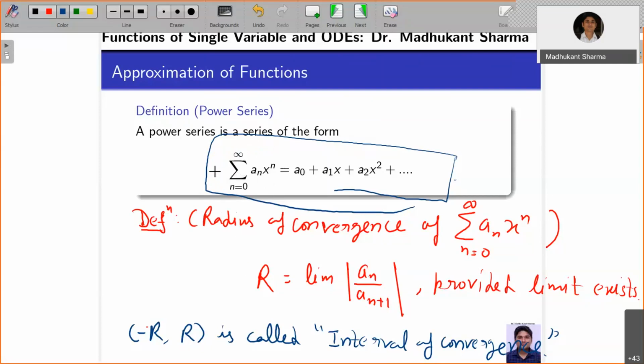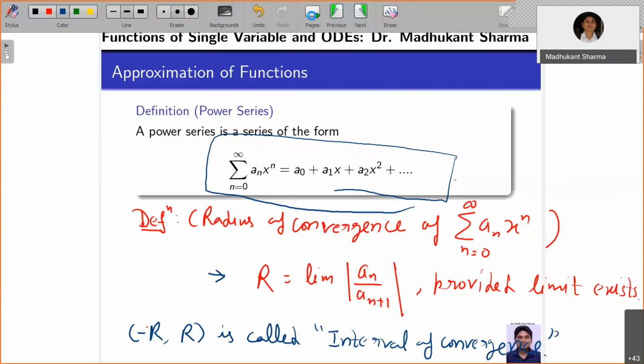So for identifying the interval of convergence, you can define the radius of convergence for this case. R, the radius of convergence, is defined as R equals the limit of mod a_n by a_(n+1). You take the absolute value of the ratio of the coefficients of x to the power n. So this will entirely depend on this.